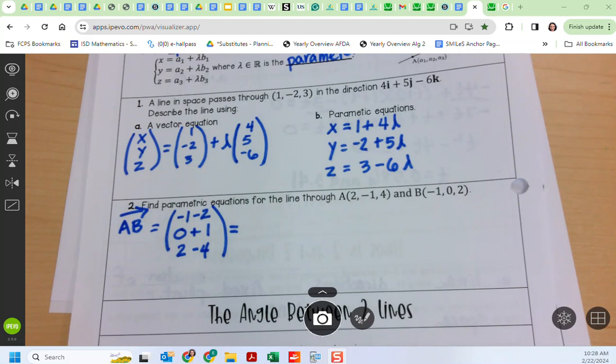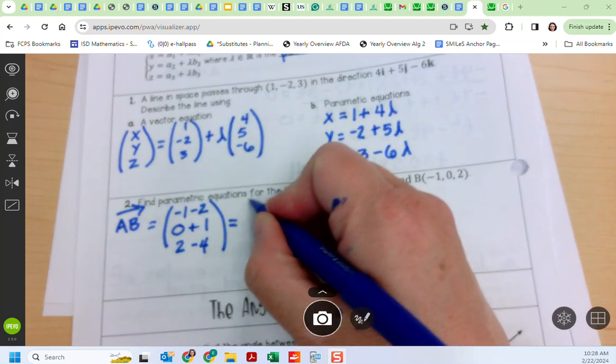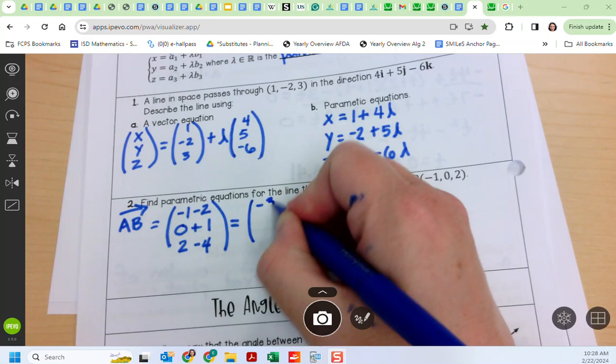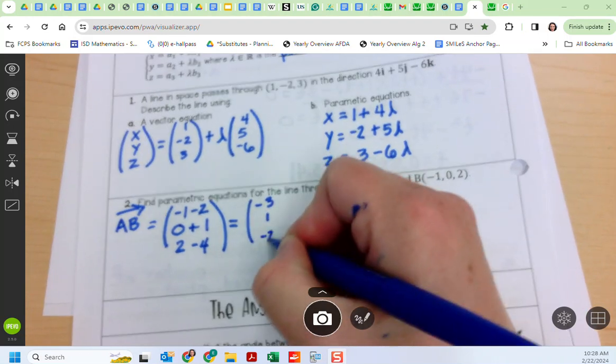So we're going to get the vector first, and then we'll write the parametric equations from it. So I'm getting negative 3, 1, and negative 2.